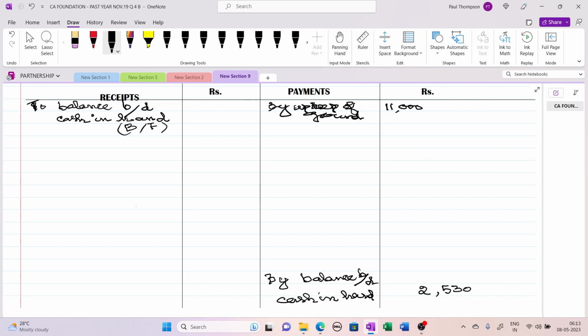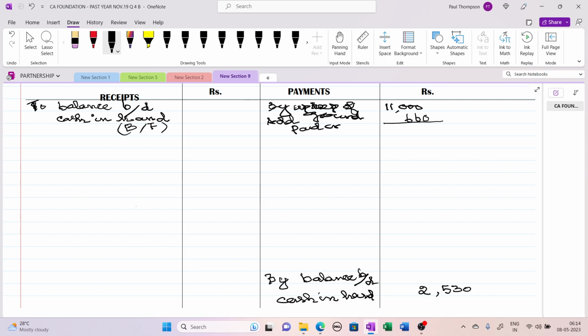There is an adjustment for upkeep of ground. They are saying that there is an amount of 660 relating to 1718 paid in 1819. Our current year is 1819, so it is paid in the current year. So whatever paid in the current year, actual payment should appear here. So add paid in 1819.